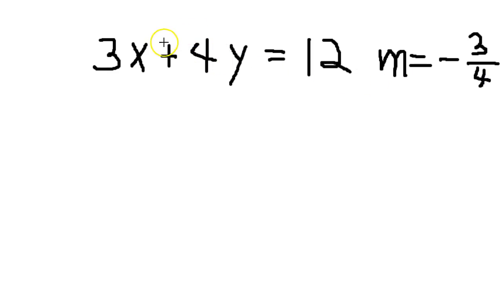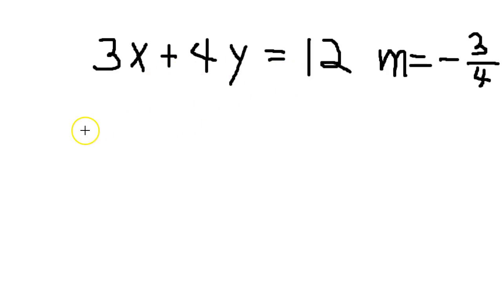The slope has the opposite sign of the sign we see here. In this case, it's a plus sign, so the slope is negative. The numerator of the slope is the coefficient of the x term, and the denominator is the coefficient of the y term. So the slope of this line is -3/4.